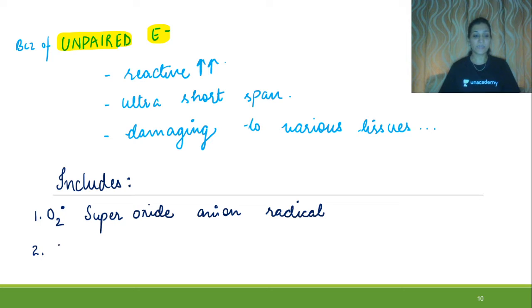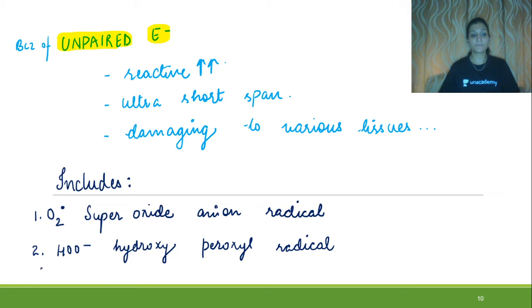The second one is HOO, also called the hydroperoxyl radical, right? Then the third species is OH, and it is called the hydroxyl radical, right? So these all things are included.